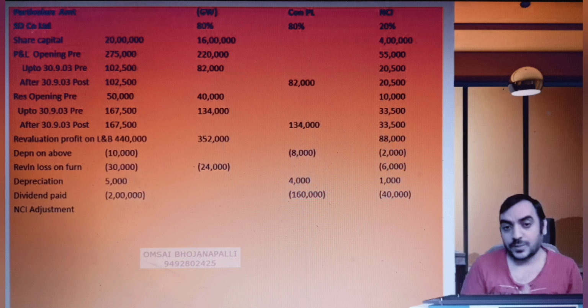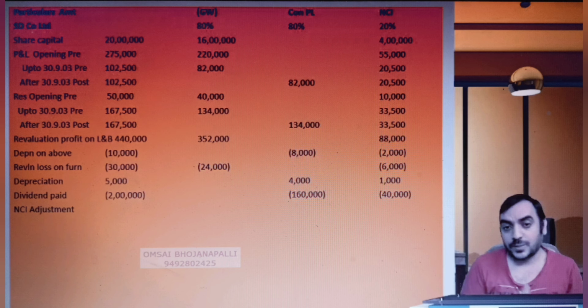In this problem, they have given the opening balance for land and building as 16 lakh, and in the absence of any information, what we normally assume is there are no purchases during the year and no sales during the year. Normal assumption. Look at the balance sheet: SD company, we have 16,20,000.